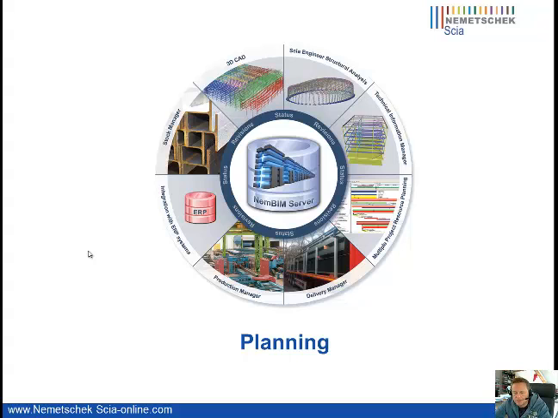Based on the conditions and the resources defined in this master scheduler, you have to define the planning in more detail, for instance for fabrication. And for fabrication we have the production planning and routing tools.